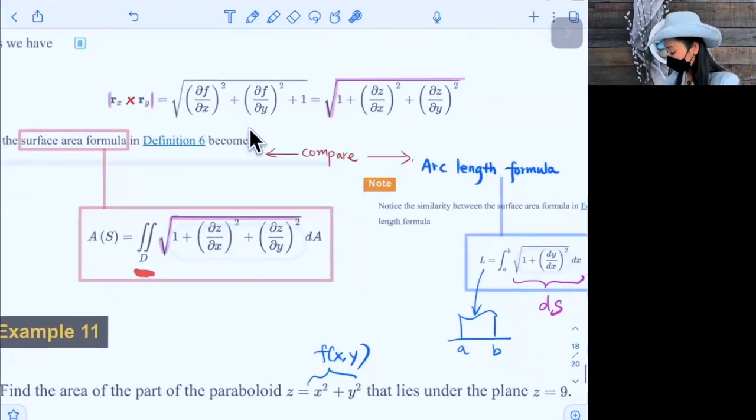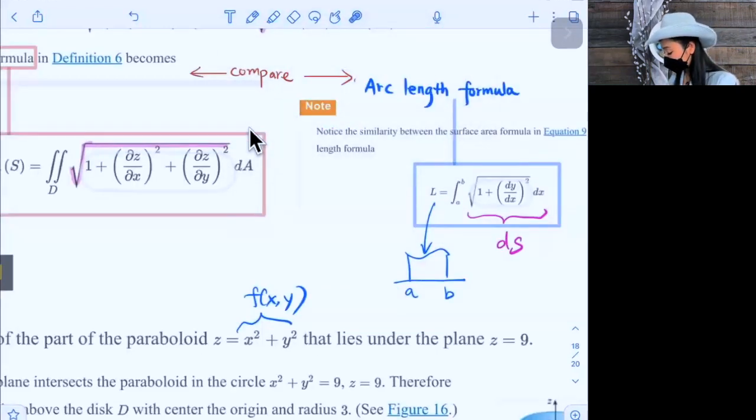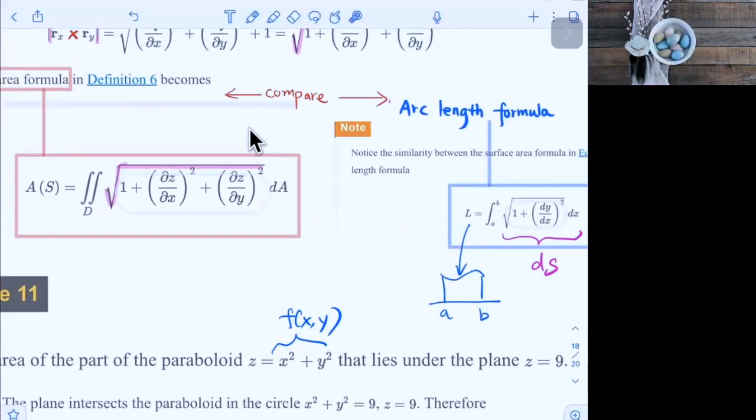Okay, now let's compare this with this one. This one over here is the square root of 1 plus (dy/dx) squared. This one over here has the partial derivative with respect to x, and here with respect to y and z.